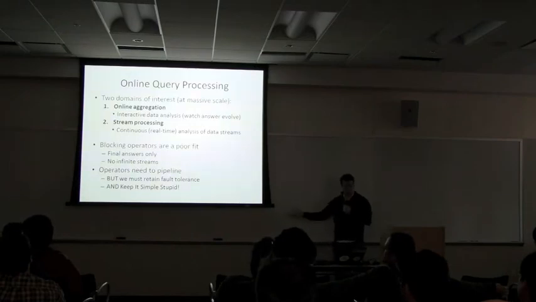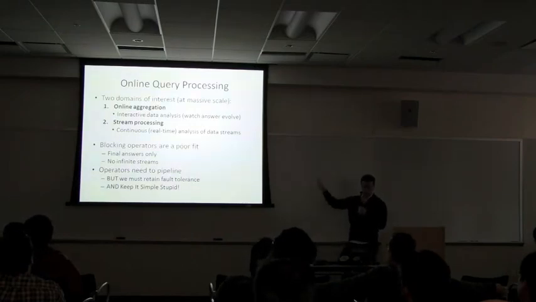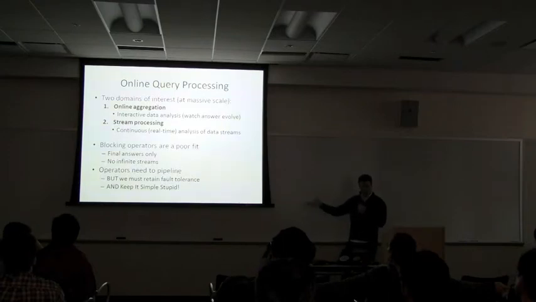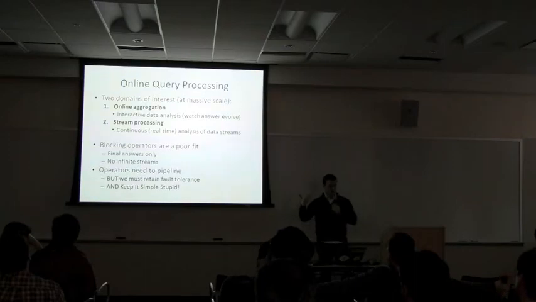And there are two domains of interest here. The first domain is online aggregation, which allows for a more interactive data analysis experience, where you can watch the answer evolve over time, rather than just see its progress. And the second domain is stream processing, where you're continuously processing data streams in real time.